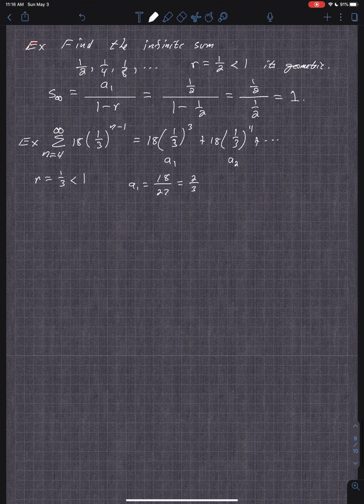Then S sub infinity is equal to the first term divided by 1 minus r. The first term is 2/3, we just figured that out, over 1 minus 1/3, which is 2/3. So you get 2/3 over 2/3. And look at that, you get another 1. So that sum also adds to 1.